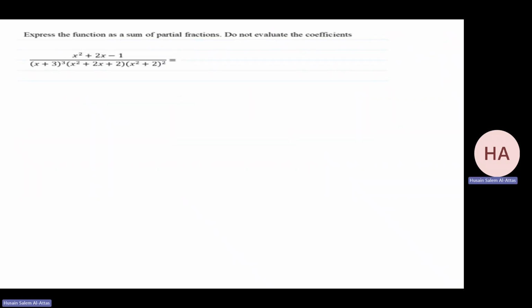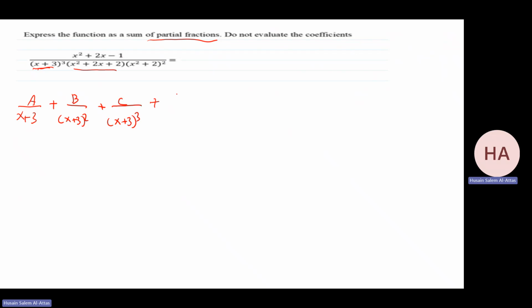Another question, the same thing. He doesn't want me to evaluate the coefficients, just express the function as a sum of partial fractions. We'll do the same. This is linear, but cubed. So you have a over x plus 3, b over x plus 3 all squared, c over x plus 3 all cubed. I get rid of this. This one is a quadratic. I cannot factor it.